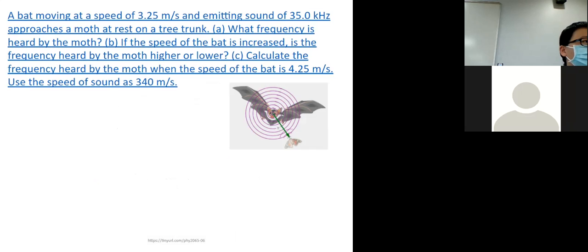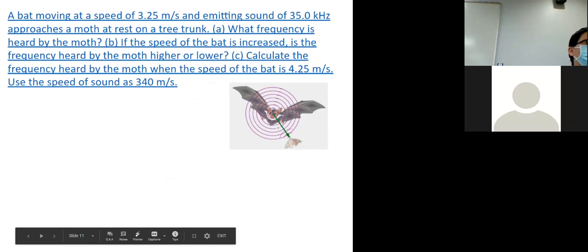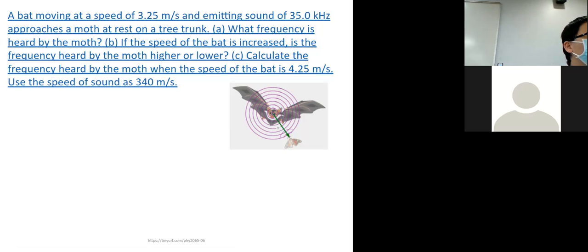Okay, so the moth is the stationary observer or receiver. The bat is the moving source. All right, so what will be the new frequency that's heard by the moth? And then B, if the speed of the bat is increased, is the frequency heard by the moth higher or lower? Calculate the frequency heard by the moth if the speed changes to 4.25 meters per second.